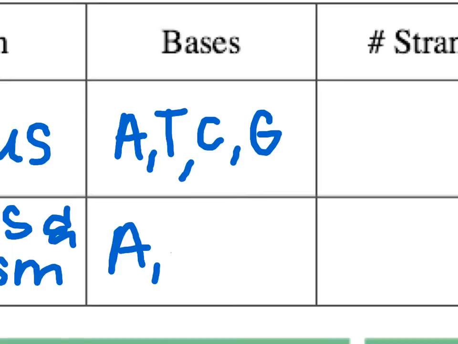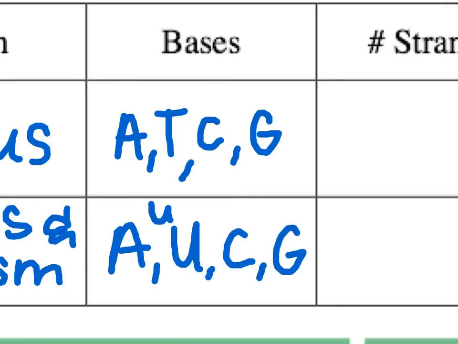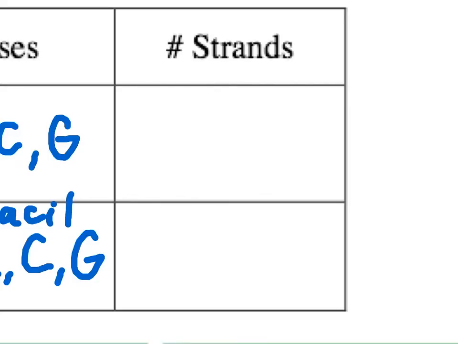It has adenine, uracil, which we're going to use a U, cytosine, and guanine. So this is uracil. That's the one that's different. Uracil replaces thymine in RNA. And the last difference is the number of strands that they have. DNA is a double helix, so it has 2 strands, but RNA is just half of that. It has only 1 strand.